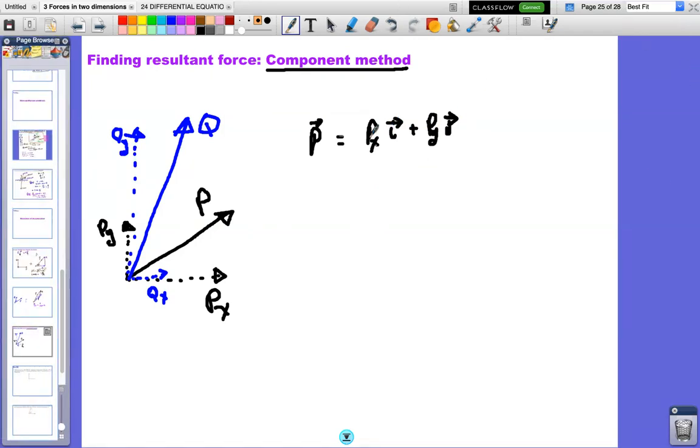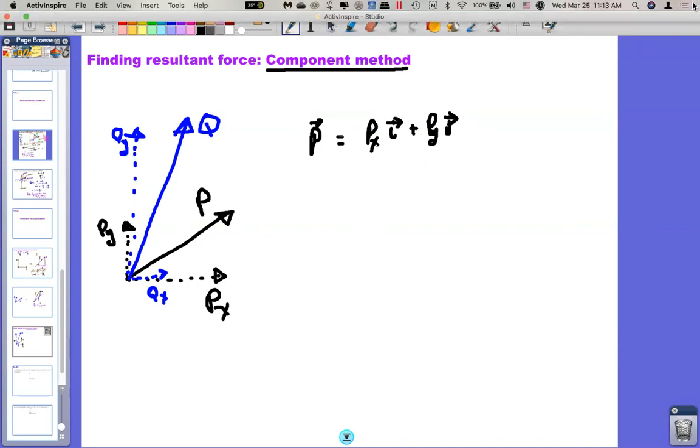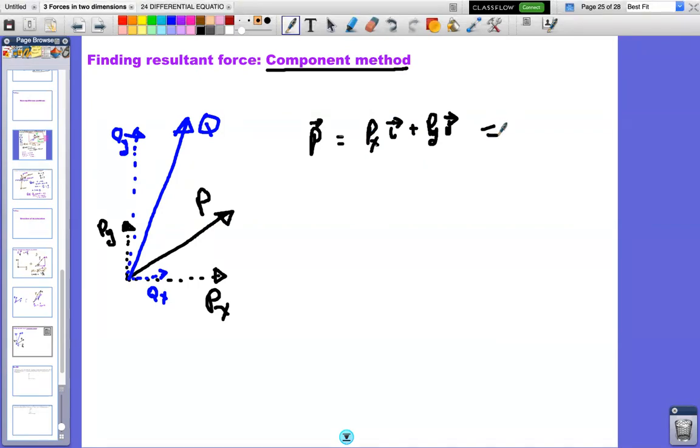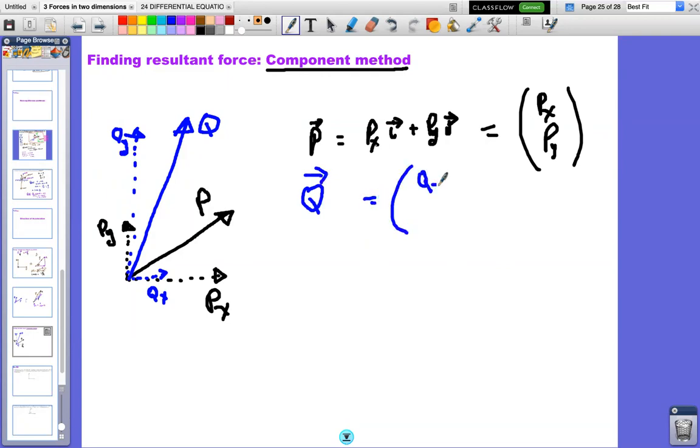I don't like writing vectors in terms of i and j. I like writing this as Px, Py as a column vector form. So this is your P, is this vector. So your Q is this vector, Qx, Qy.